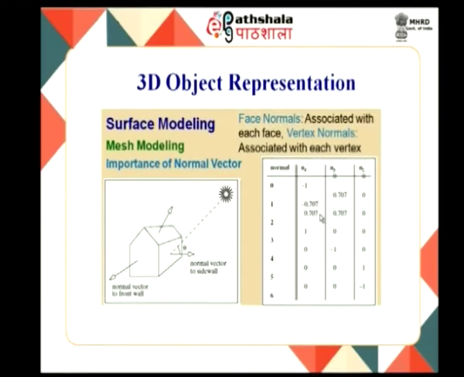We can compute the normal vector to a particular face by taking two vectors on the polygonal face and then taking a cross product of them, and the cross product will give the direction which is perpendicular to the plane containing the two vectors. That's how we can compute normals, and it is so important in 3D modeling.